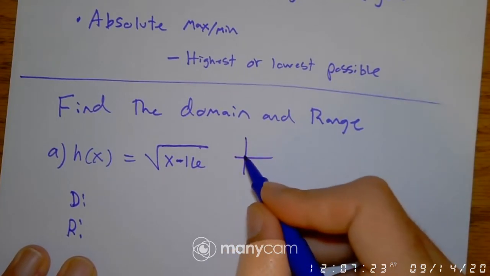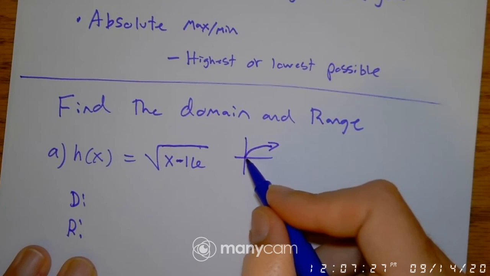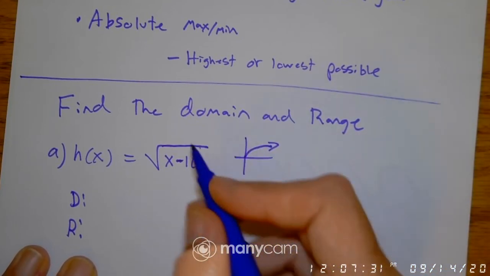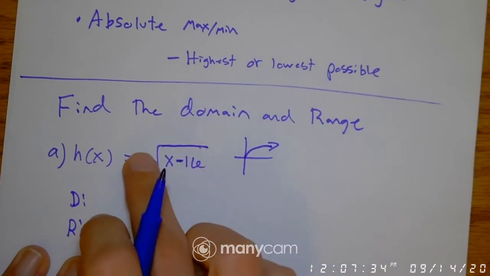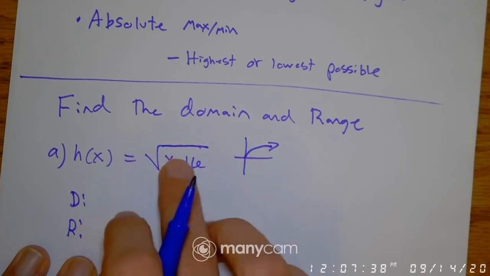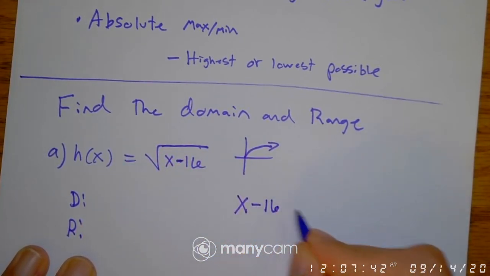I might sketch the parent of that family function, just really quickly to be like, okay, looks like range is all going to be positive, and it looks like domain has to be positive as well. So the range, it looks like, is going to be okay because we don't have anything out here affecting it, right? There's no translations on the outside. There's just a translation on the inside. So for the domain, I know that this has to be greater than or equal to 0.